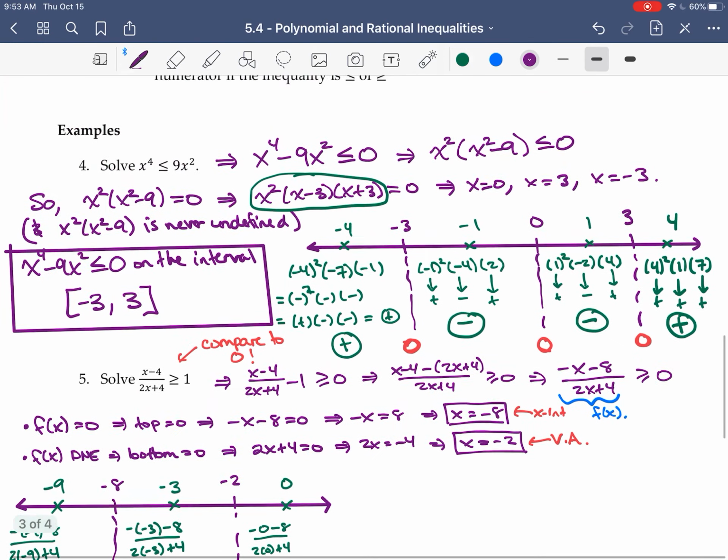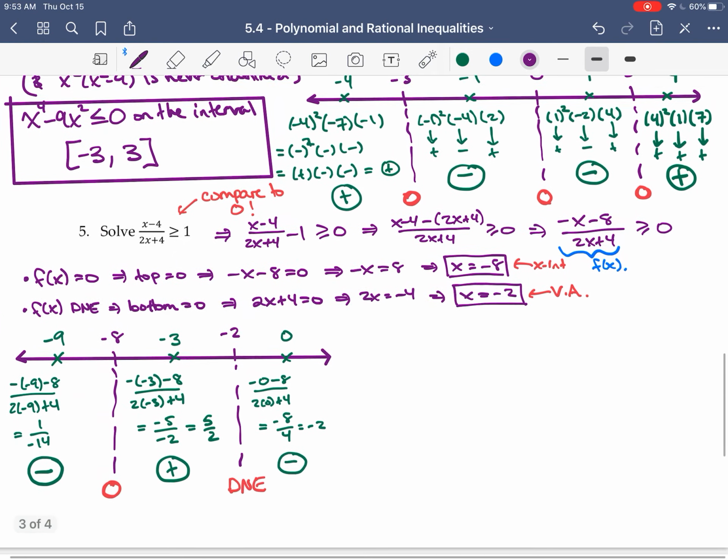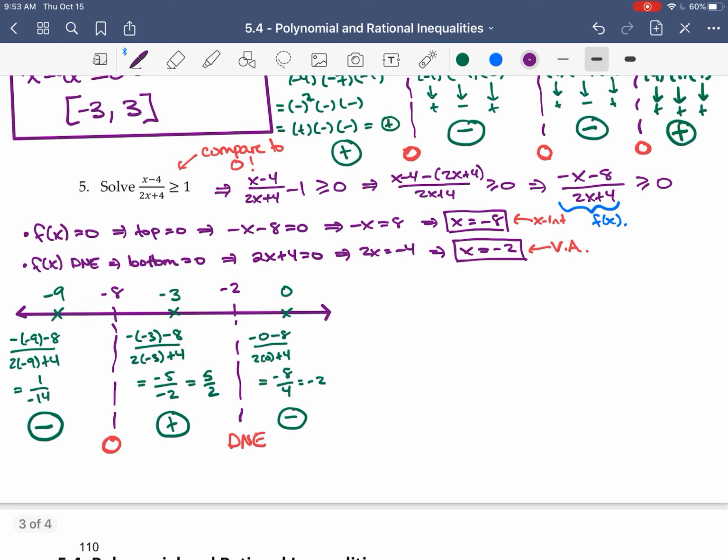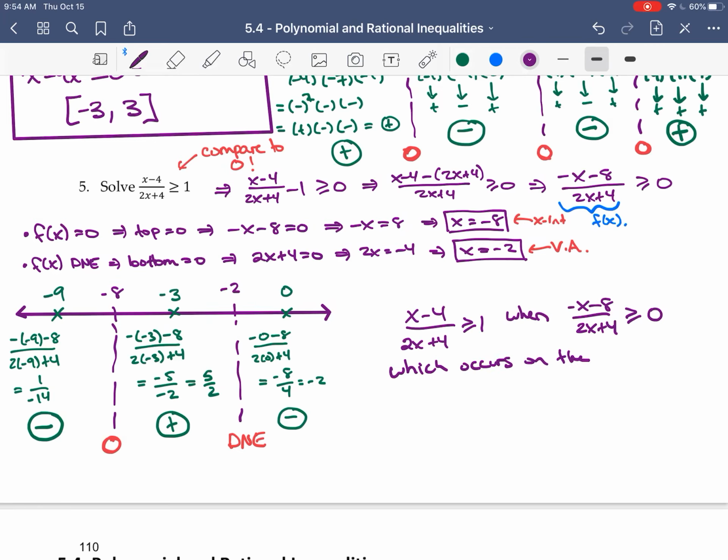So now what was the inequality that we wanted to solve? We wanted to know where this function, let's say our initial one, x minus 4 over 2x plus 4 is bigger than or equal to 1, when -x minus 8 over 2x plus 4 is bigger than or equal to 0, which occurs on the interval.